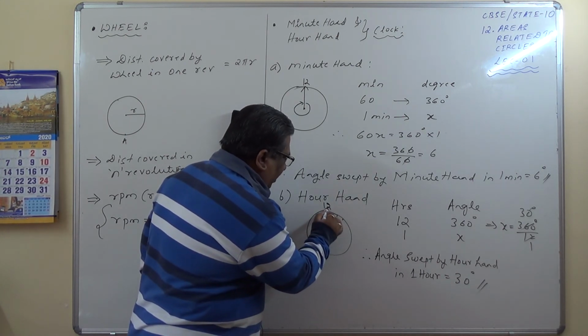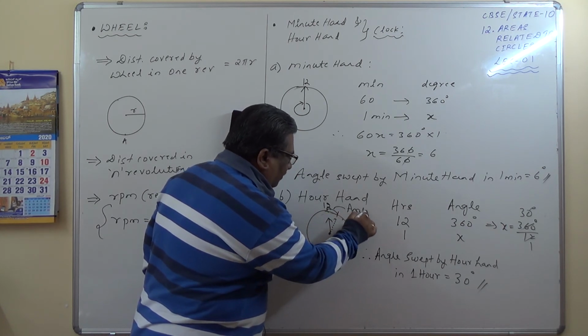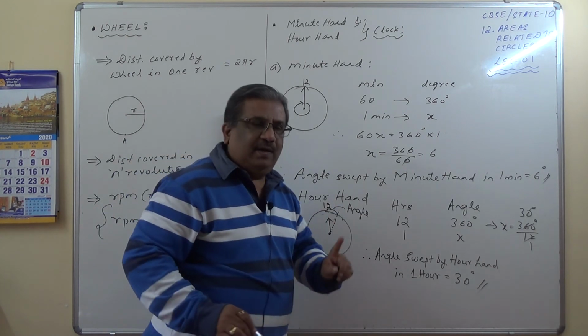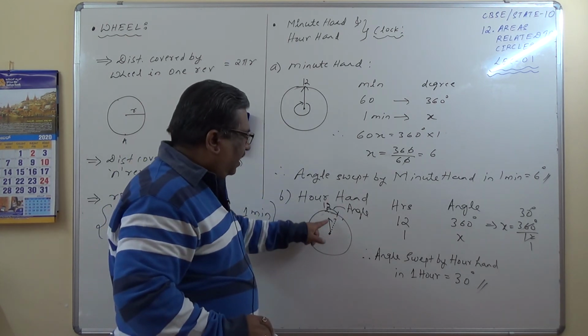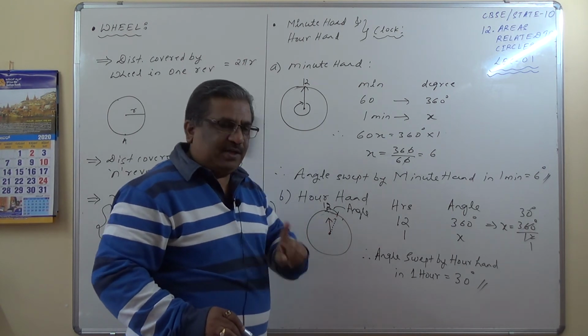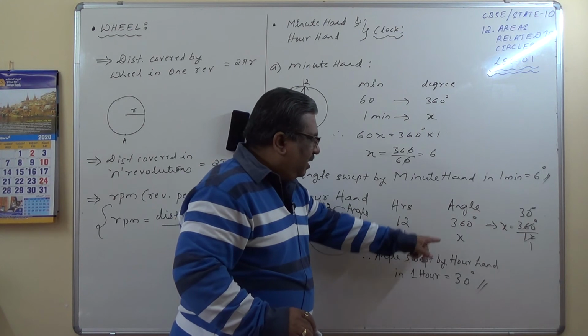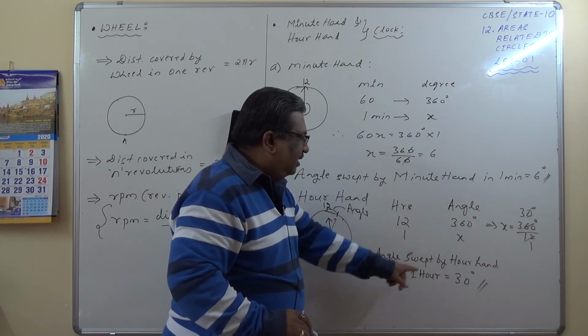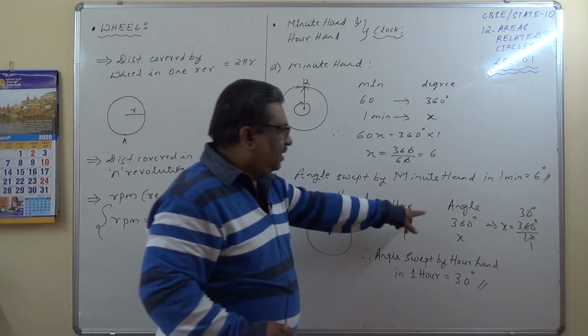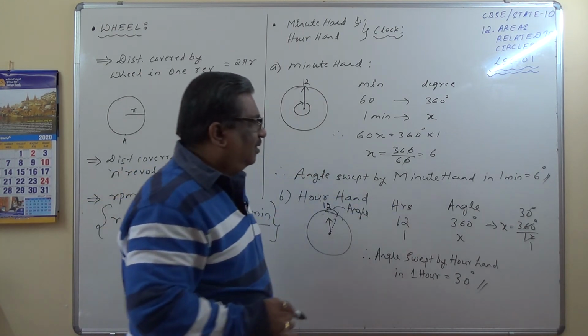So what is the angle swept by this? What is this angle is the question in hand. And therefore in 1 hour this hour hand will be on position 1. You got it? So in 1 hour it will sweep an angle of 30 degrees. 360 divided by 12, x is equal to 360 by 12, 30 degrees.